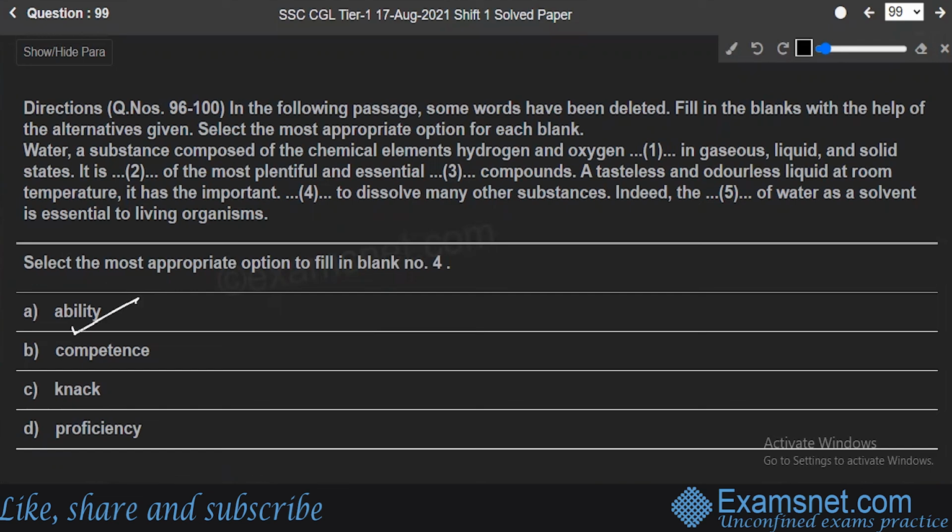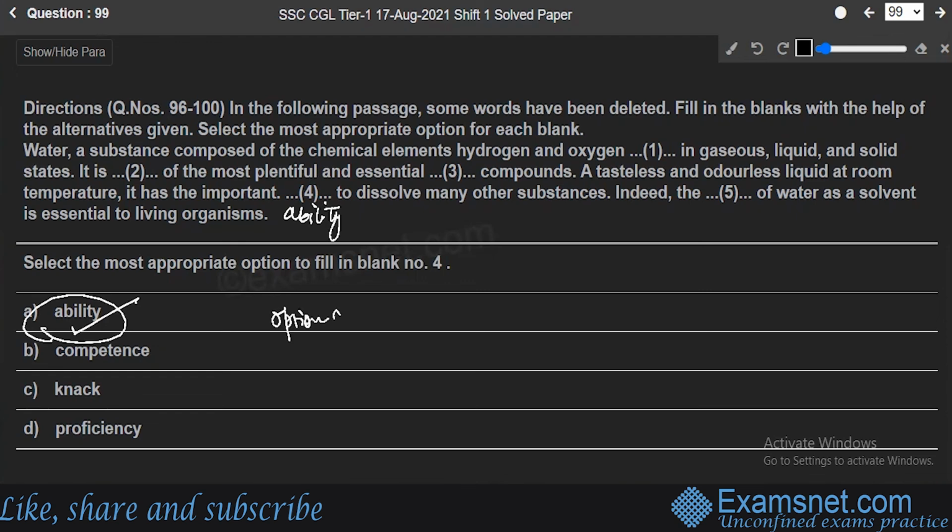So the word ability is used when something in a person or anything is thought to be innate, right? So this ability is the correct one. Let's read. A tasteless and odorless liquid at room temperature, it has the important ability to dissolve many other substances.